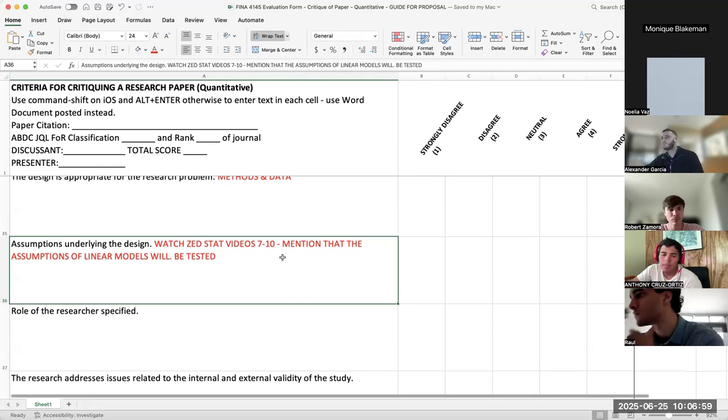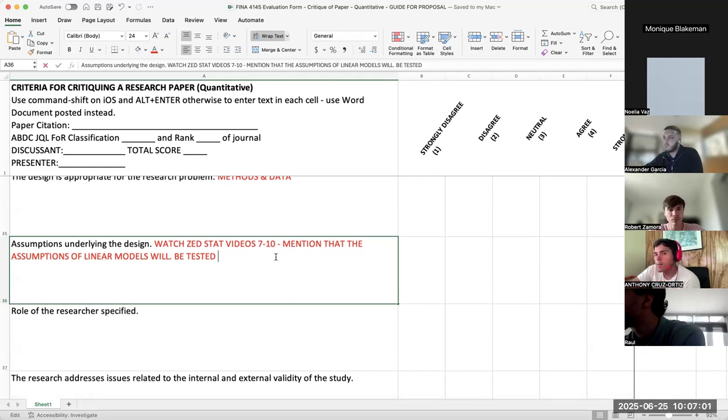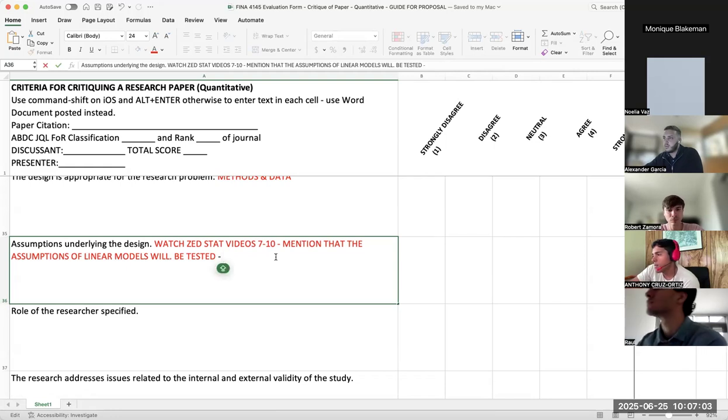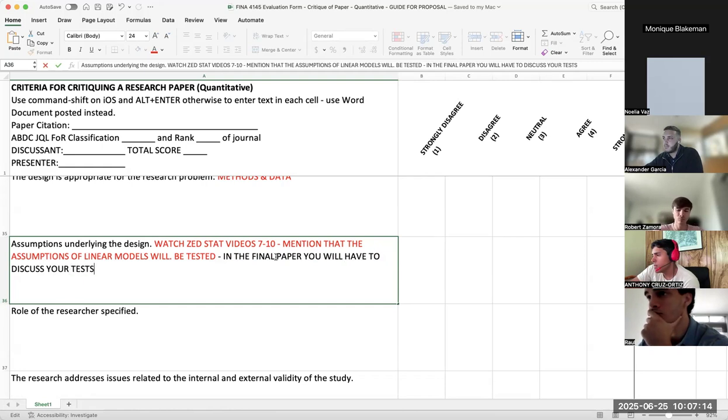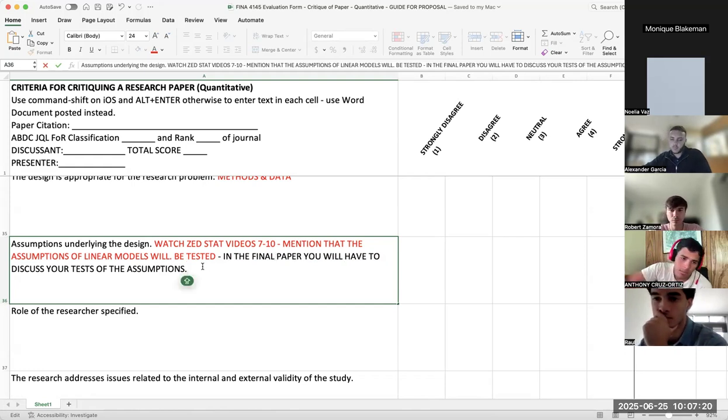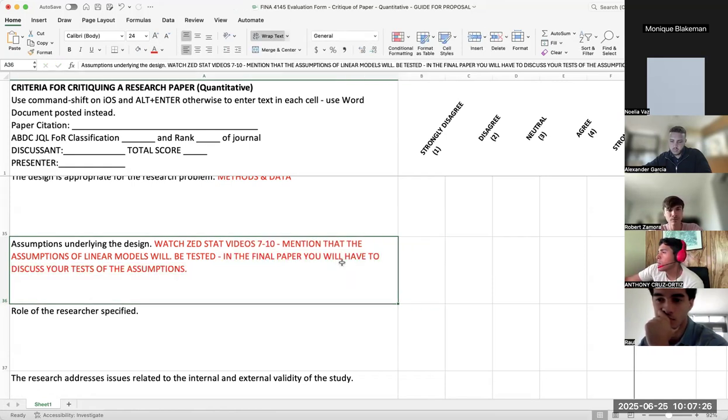So, but when you in the final paper, so you would do this. So I mentioned to you, just like you did for the last assignment, you're going to create several models.